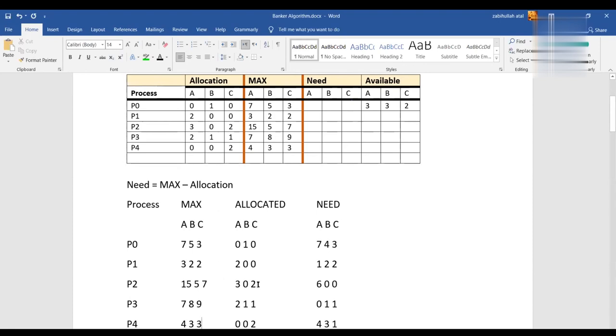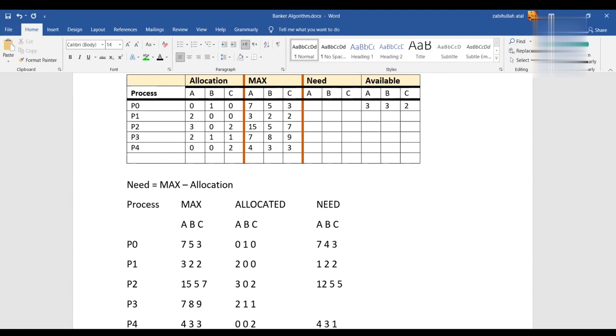So dear students, how much is allocated to P2? 302, yes. How much more is needed? 15 minus 3 is equal to 12. 0 minus 5 is equal to 5. 2 minus 7 is equal to 5.